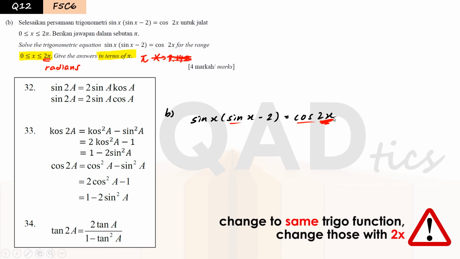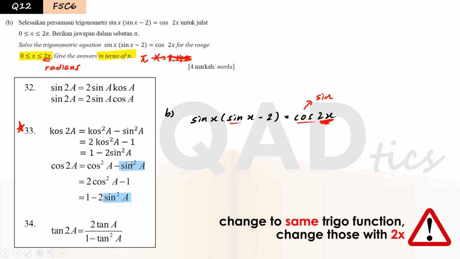Now it's cos 2x, so we are going to look at formula 33 and change this cos to sine. Cos 2x is a bit of a headache because we have three different kinds of formulas. So let us see which formulas have sine, which are these two. Let's look at them one by one.